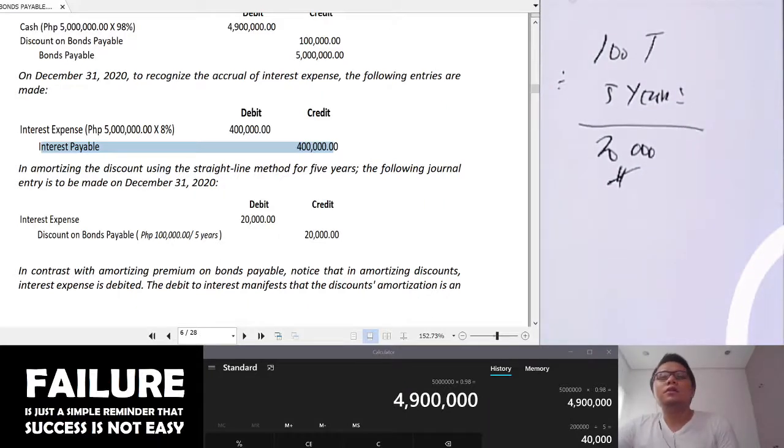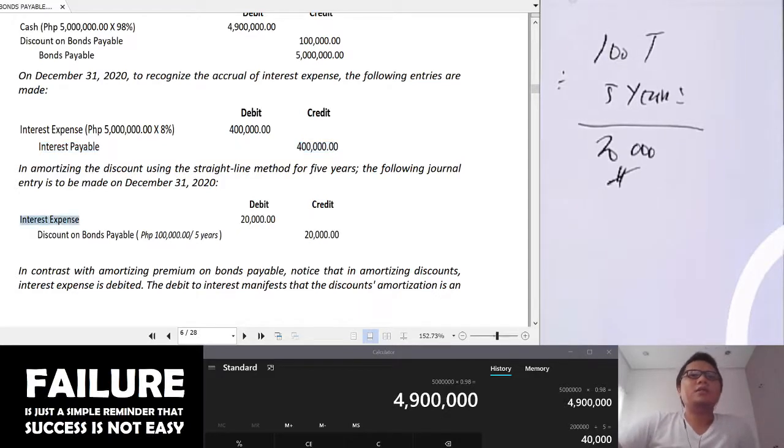To recognize that in the entry, debit interest expense 20,000, credit discount on bonds payable.